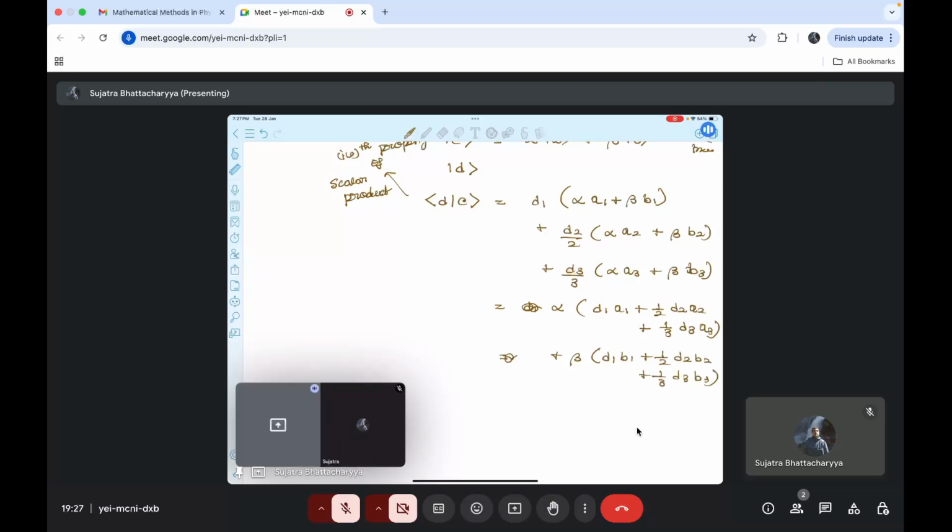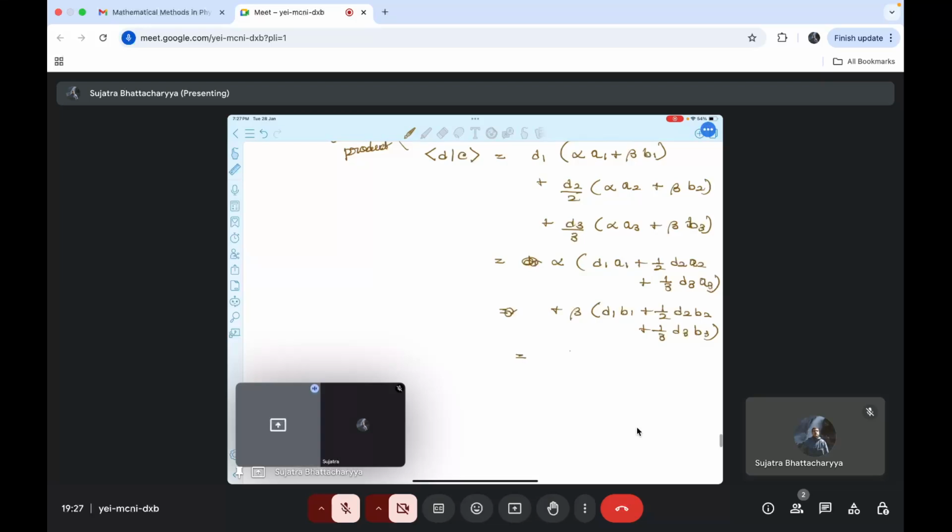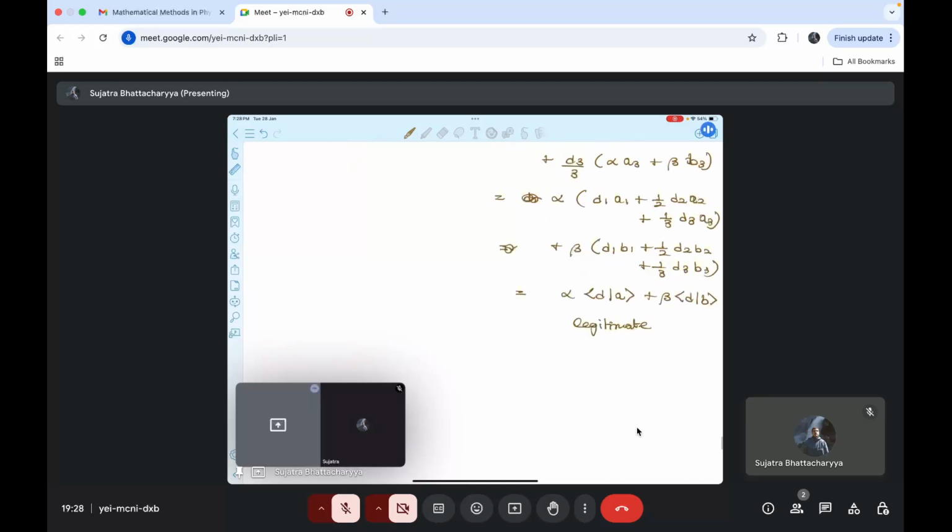So you can see that it is quite valid, that it can be written as alpha DA plus beta DB. So it's legitimate. This is the property you can prove to show that it is legitimate.